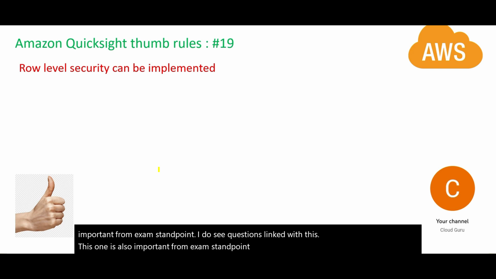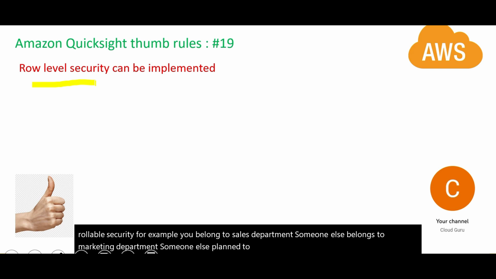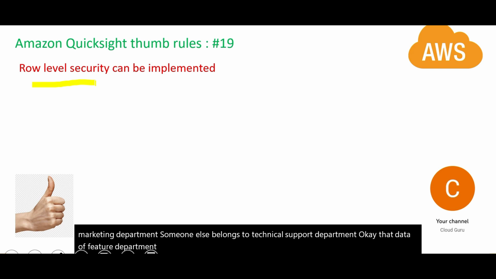You can implement row level security. What is row level security? For example, you belong to the sales department, someone else belongs to the marketing department, someone else belongs to the technical support department. The data of each department should not be cross accessible.